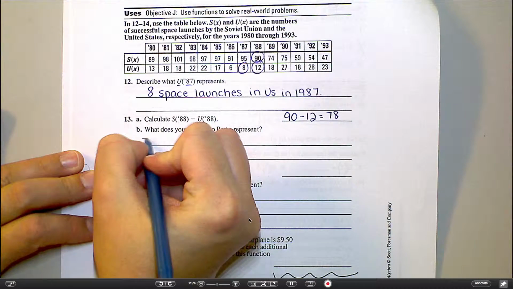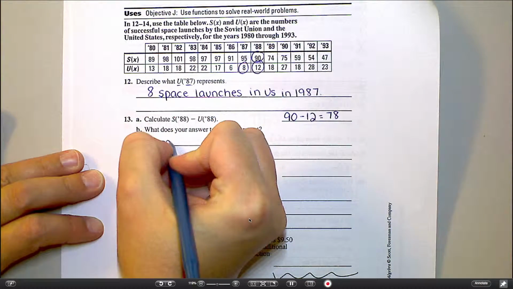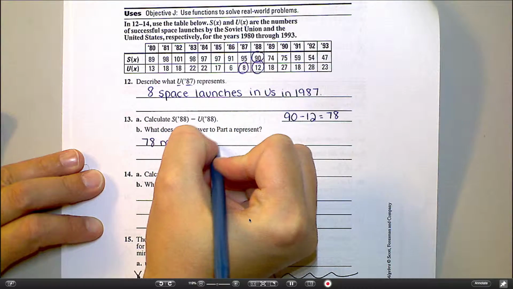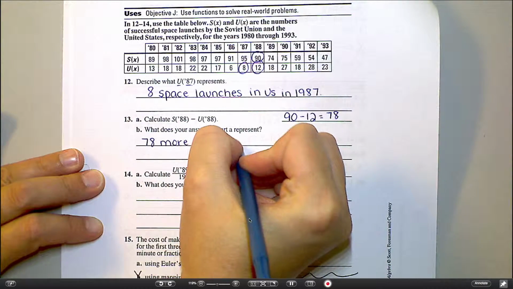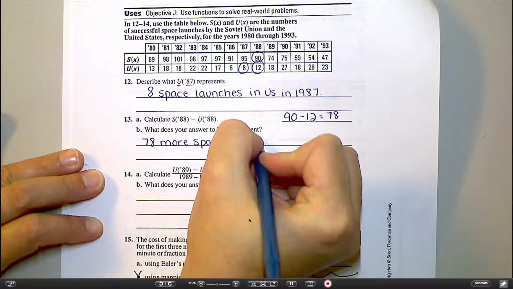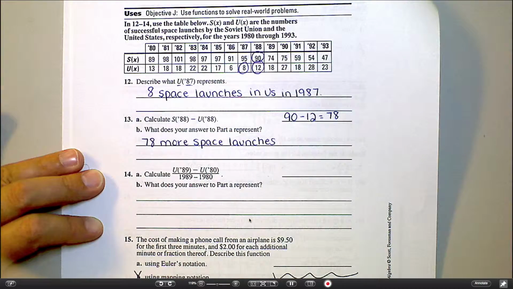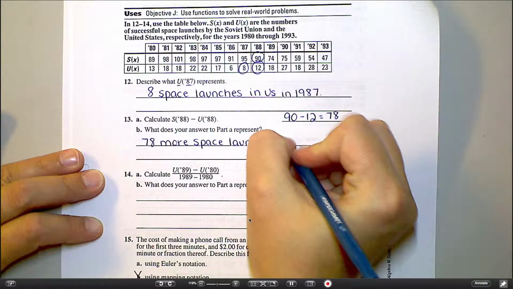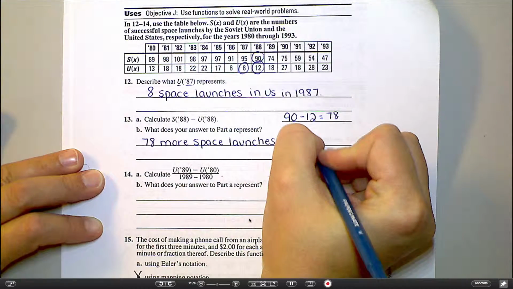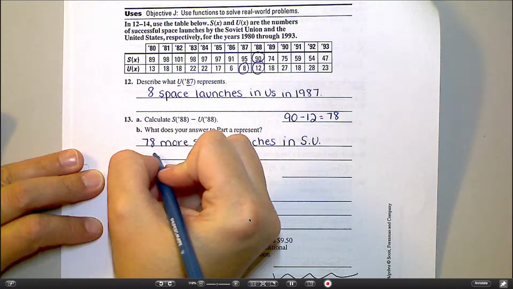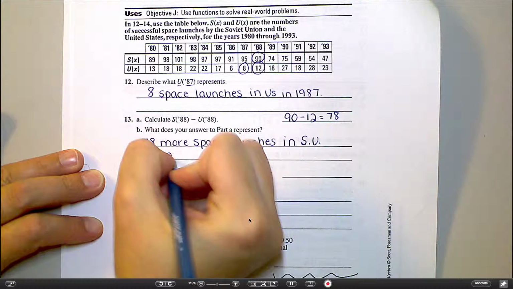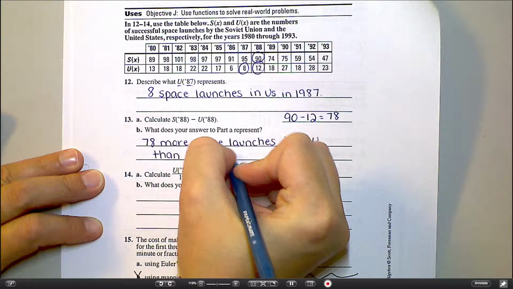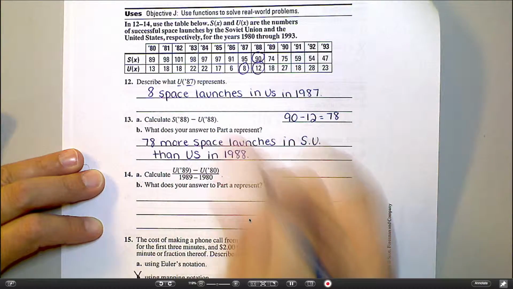So there were 78 more space launches, or, I like the way you worded that, Ethan, there was a difference of 78 in the Soviet Union than the U.S. in 1988. Okay?